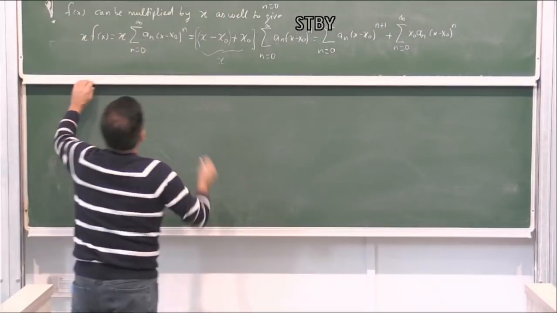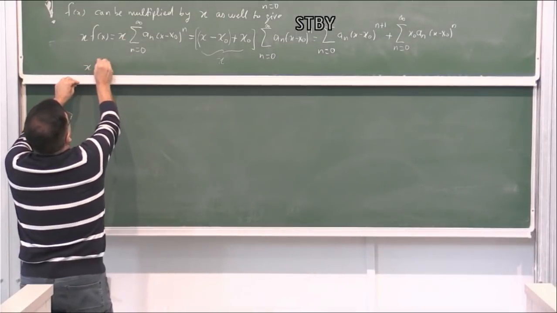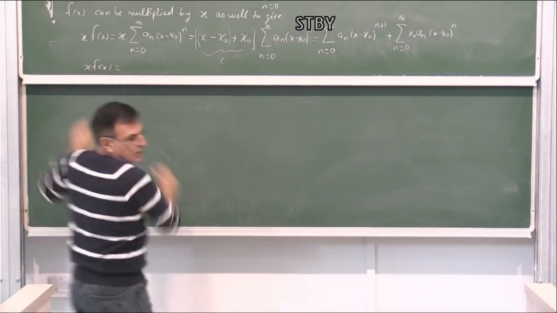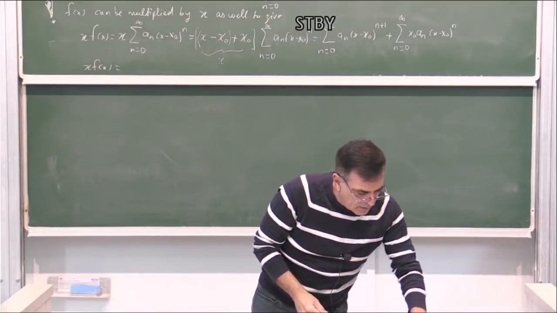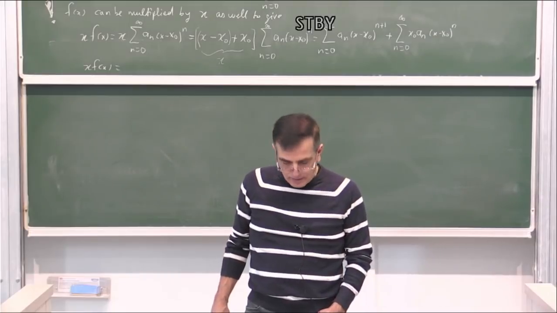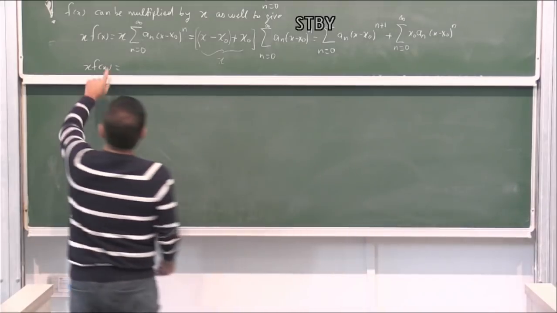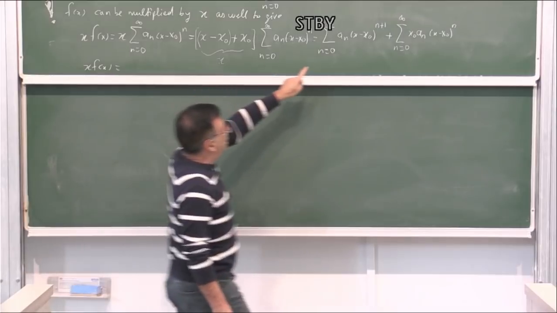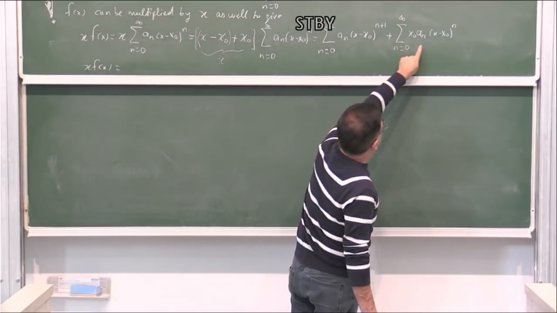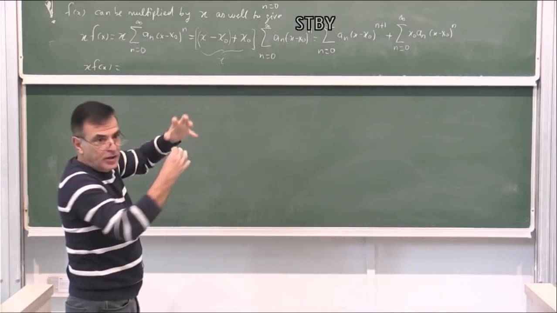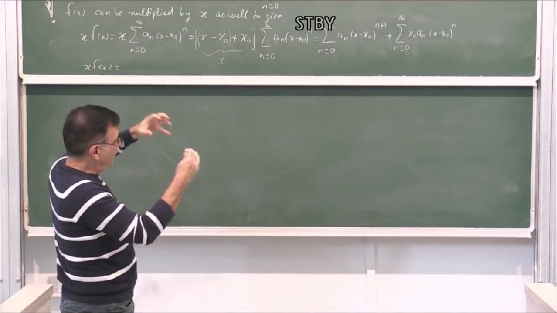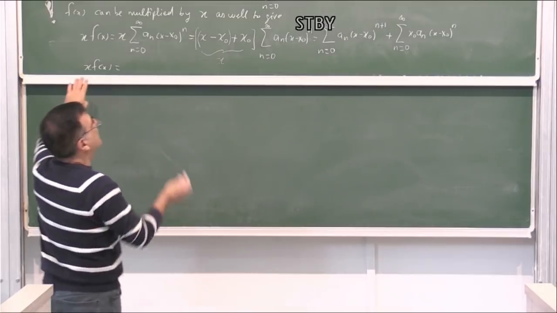Look at from this series, I write x f of x. Okay, so x f of x is written as the sum of two series, but the two series may be written under one sigma sign.